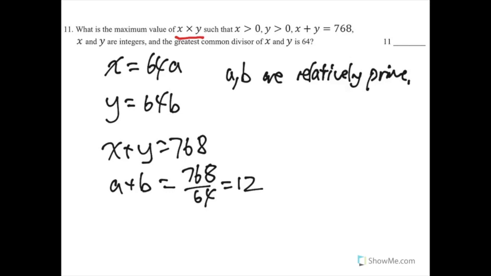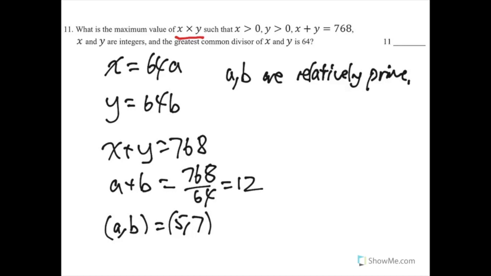And in this case, we have a restriction that a and b are relatively prime. So we can't choose a equal to b equal to 6, because then they're obviously not relatively prime. So the best that we can do is for a and b to be 5 and 7. They can be the other way around, but the result is still the same.